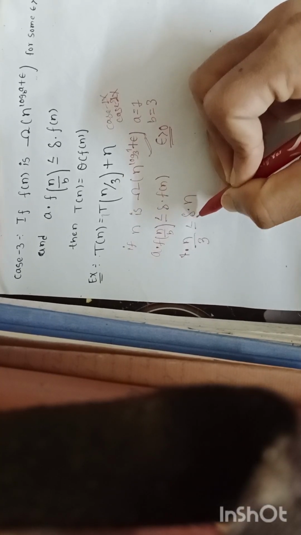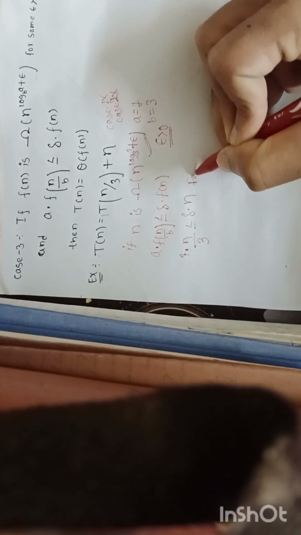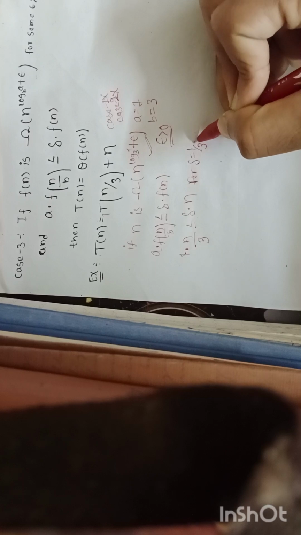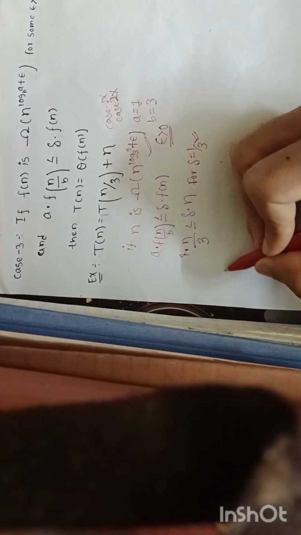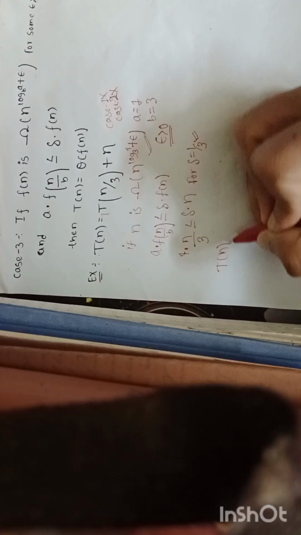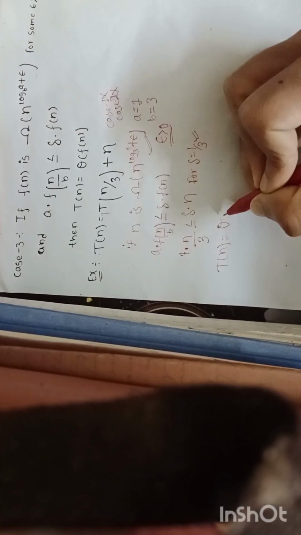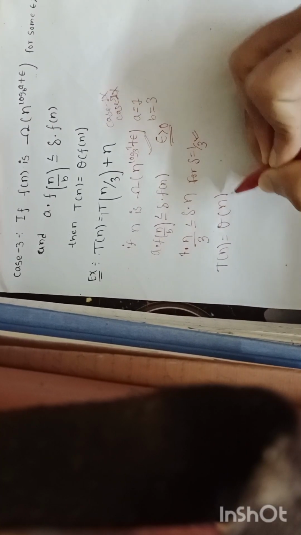So here we can say that for delta equal to 1 by 3, it is satisfying the condition. So we can say the time complexity is T of n is theta of n only.